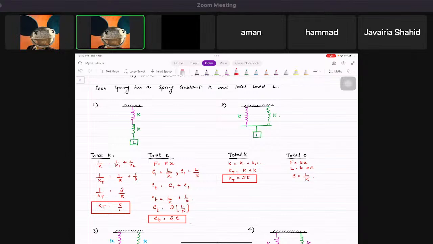Now when you combine this, for a single spring, what will be the effect on total extension? You can again use F equals Kx.